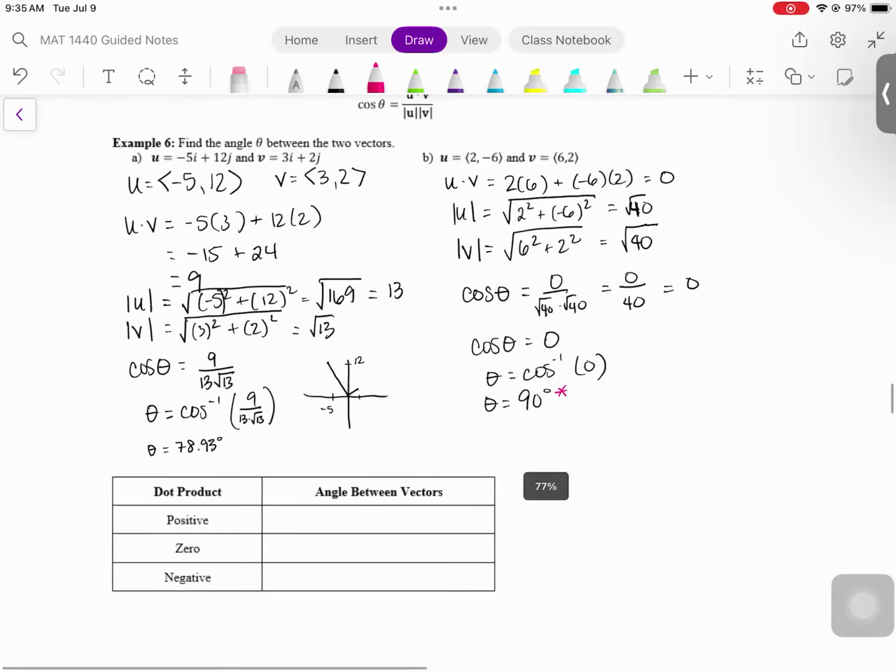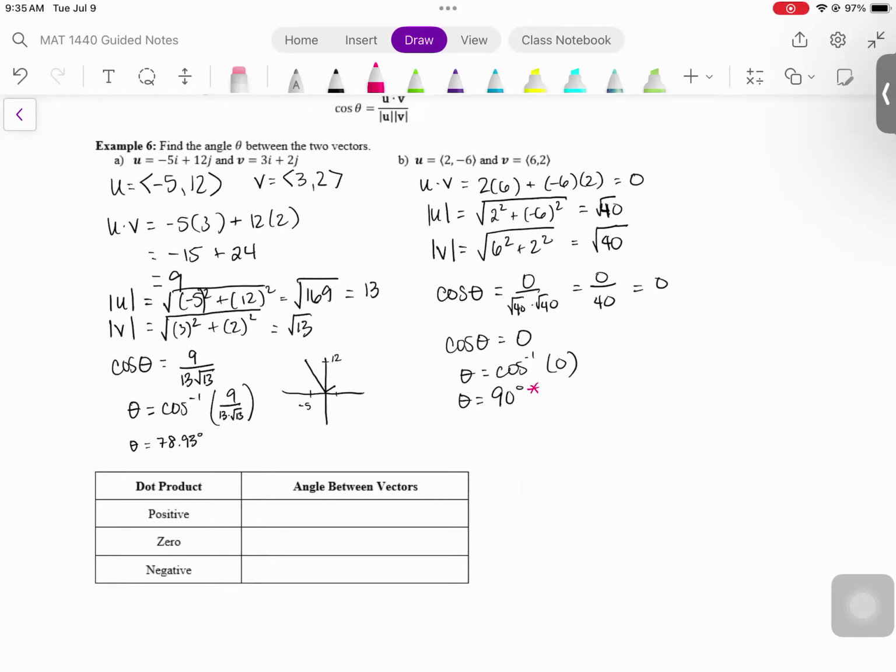So the value of our dot product can actually tell us something about the angle between our vectors. If the dot product is positive, then that tells me that the angle is going to be acute, or between 0 and 90 degrees.